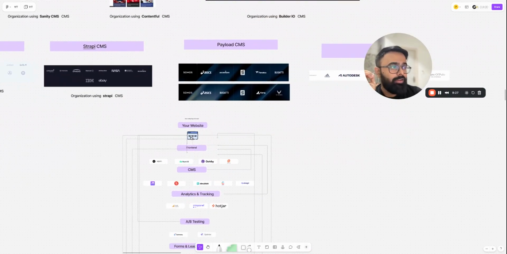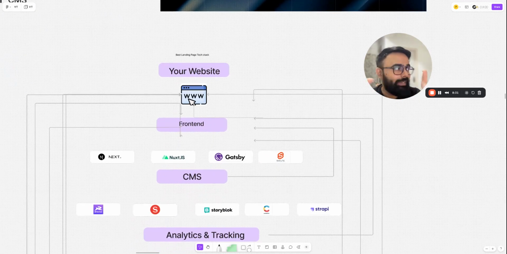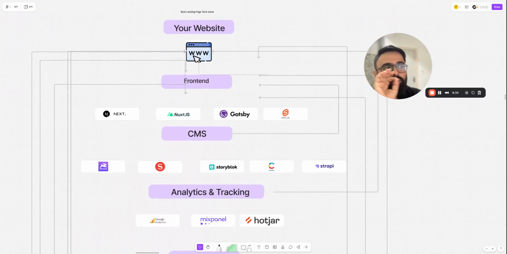Now, coming to the main topic, what are we looking at in terms of a complete tech stack? For front end, we're looking at around Next.js, Nuxt, Gatsby, Svelte. You can use any of them. For CMS, as I already told you, we work with different headless CMSs.